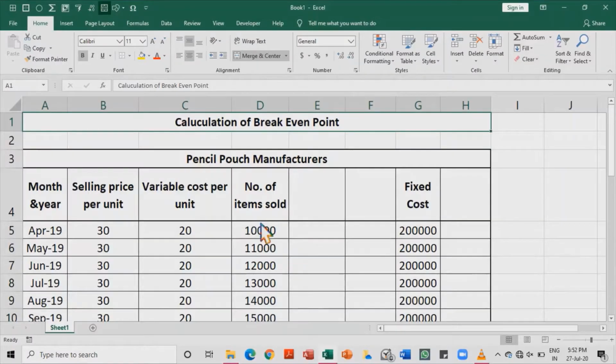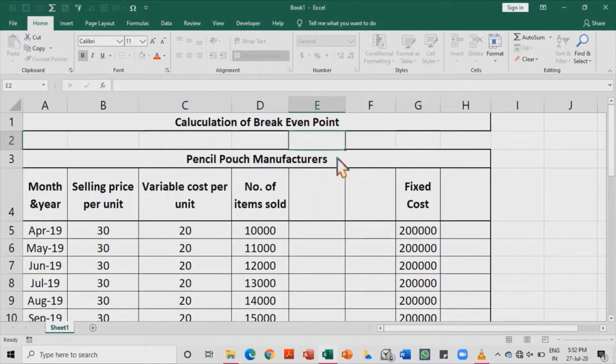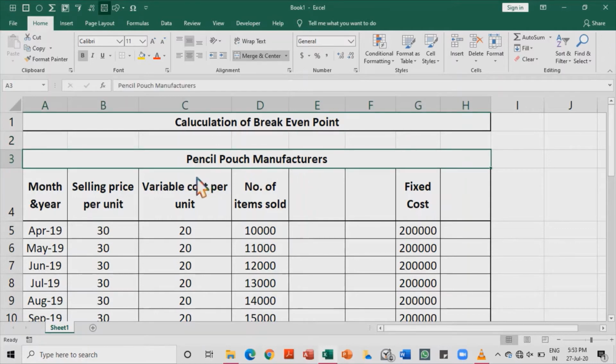Okay, let us calculate the break-even point in Excel. Oh, I've made a mistake in the word calculation. Let it be. And this is the data of Pencil Pouch Manufacturers once again. The data shows the month and year, that is April 2019, May 2019, June 2019, like that. The selling price per unit is 30 rupees. The variable cost per unit is 20 rupees.